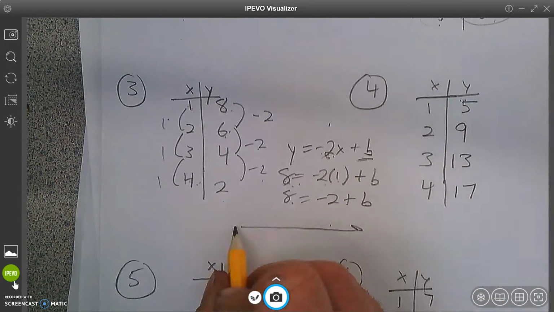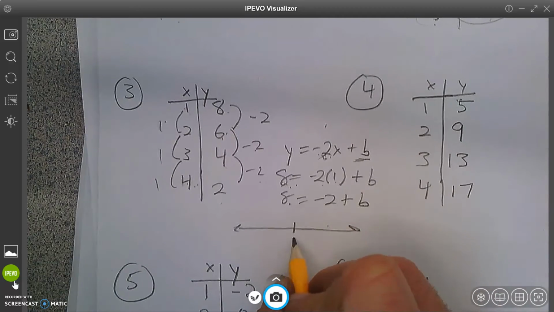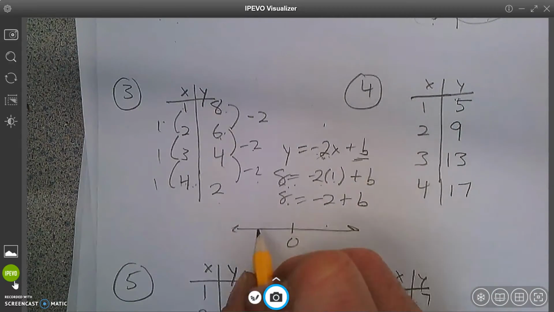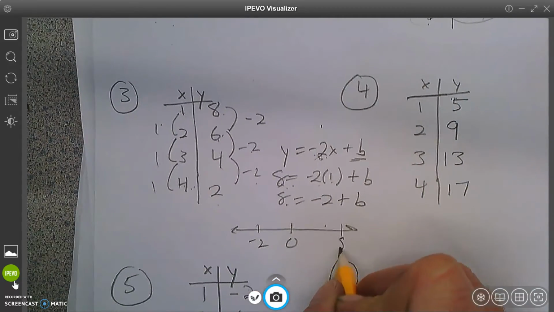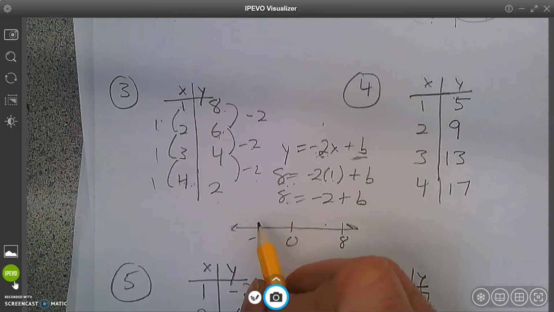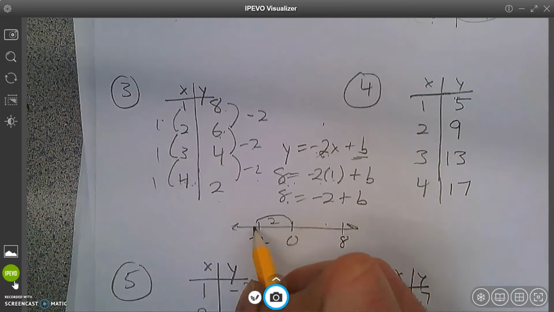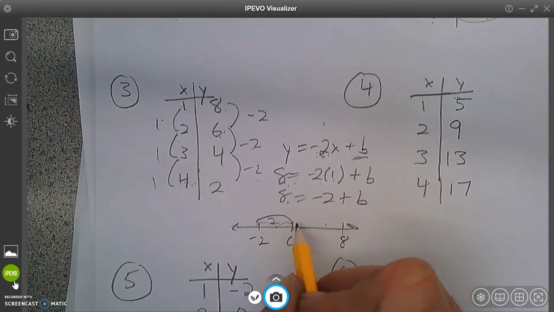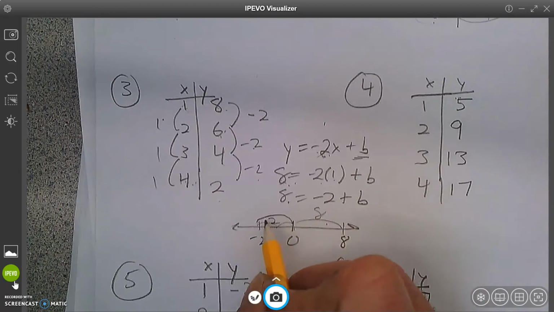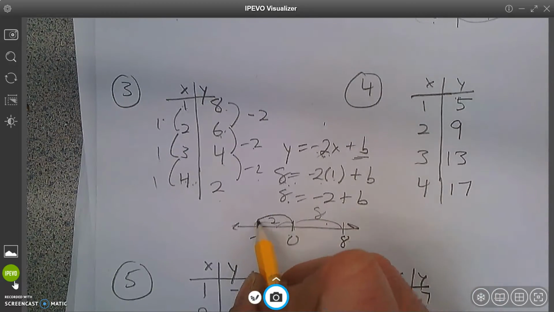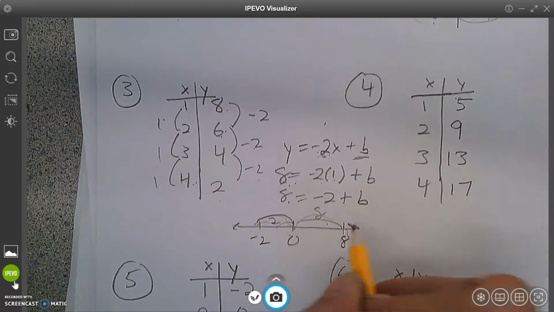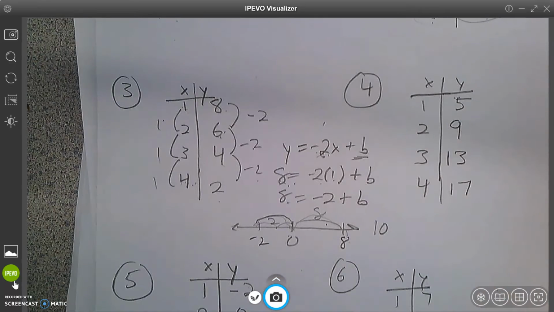I can think about it in terms of a number line here. So negative 2 to 8. How do I get there? Well, it's 2 spaces here, 1, 2. And then it's 8 spaces here to get from 0 to 8. So it's 2 spaces back to 0, then 8 spaces. So that's 10 total spaces.